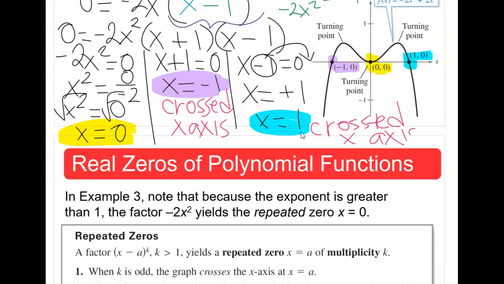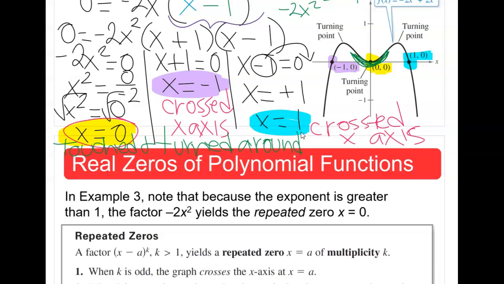Now, if you look at what's happening at the origin, at x equals 0, that one did not cross the x-axis. In fact, it touched it and then it turned around. And so this one, touch and turn around, or some people refer to it as it bounced. It turned around.